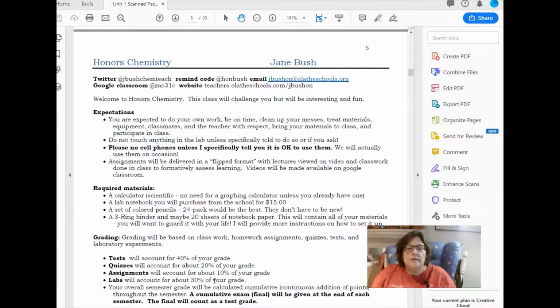So let's take a look at this first page. You'll notice my Twitter is at jbushchemteach. I do have a Remind, and I would appreciate it if you would all sign on to the Remind at HONBUSH. That is so if something happens, for instance, first hour I may assign something to you, and then fourth hour something may happen and I don't assign it to them.